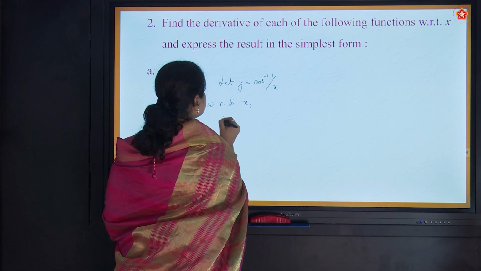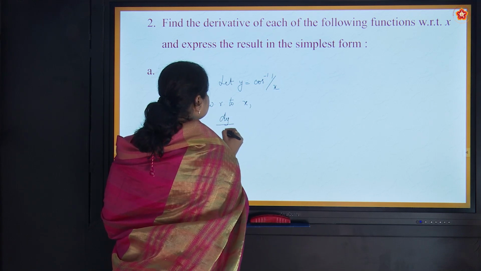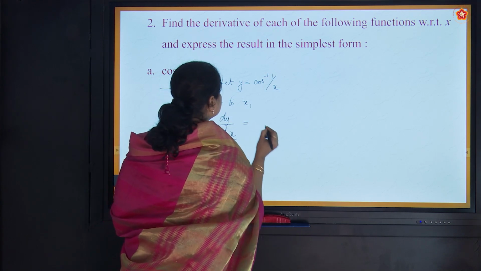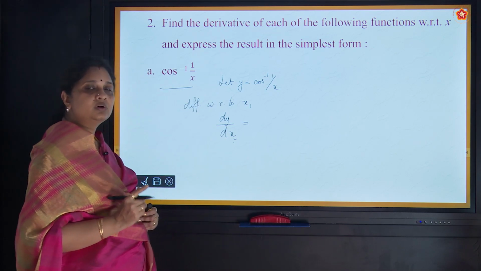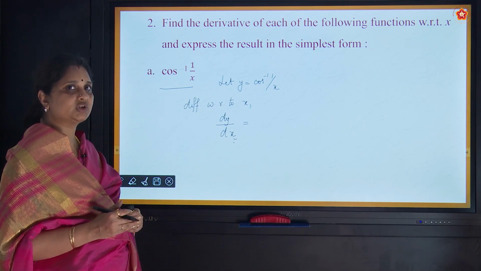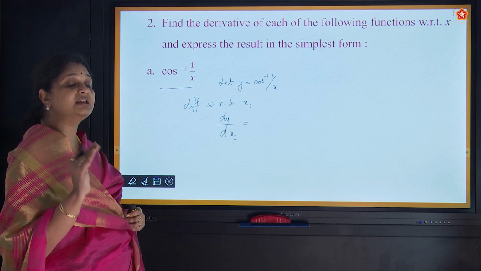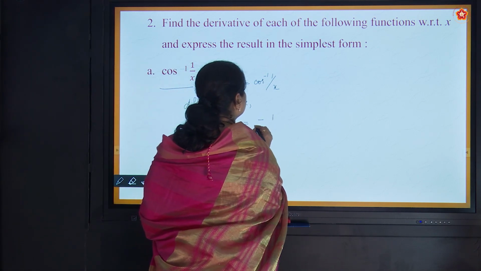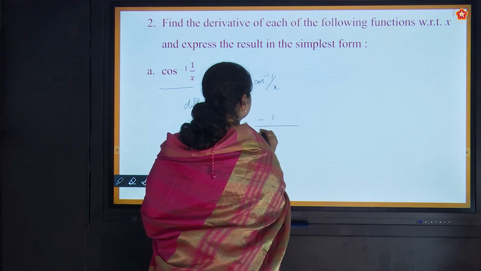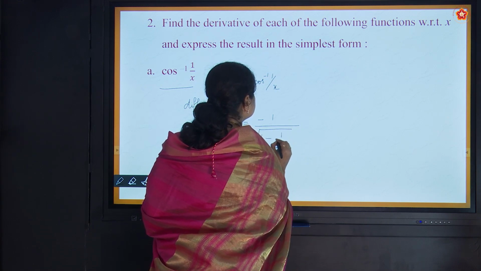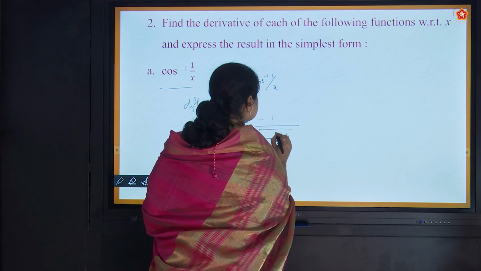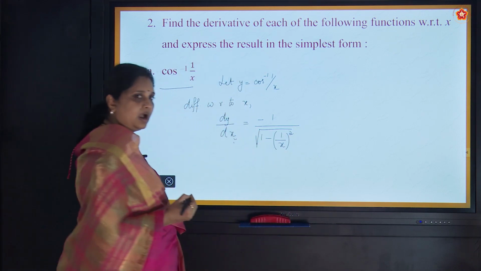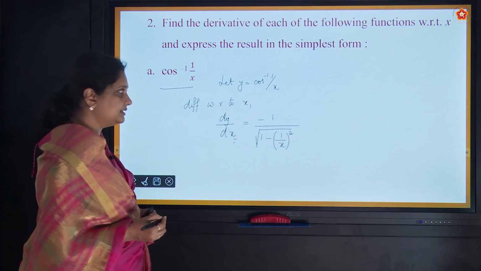So what do I get? I get dy by dx equal to, as I've already given you, cos inverse of x on differentiation gives minus 1 by root of 1 minus x squared. So here it is minus 1 by root of 1 minus, instead of x we have 1 by x, the whole squared.